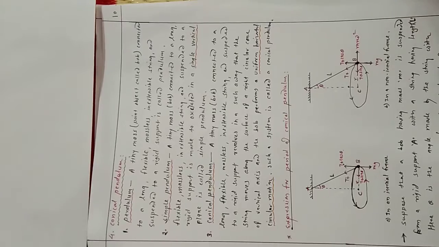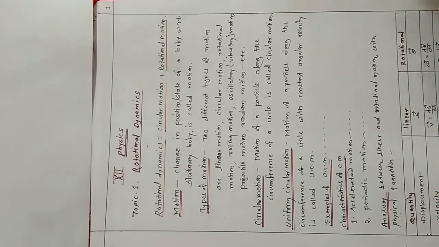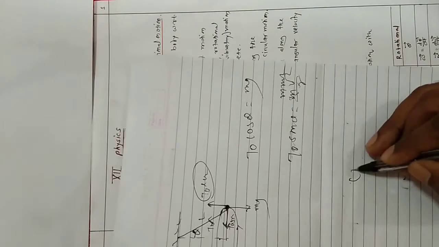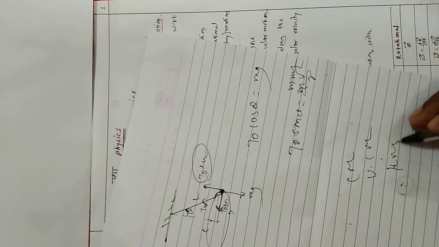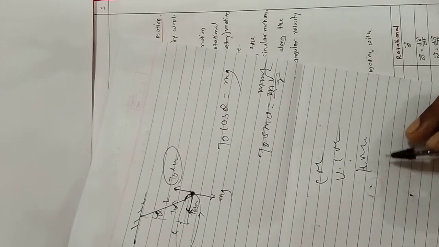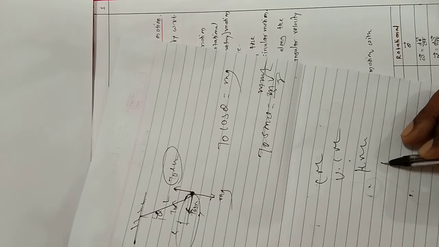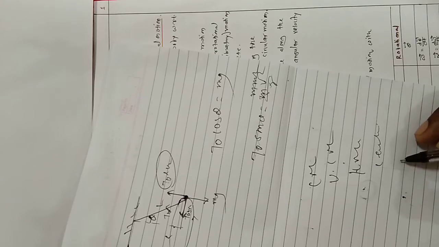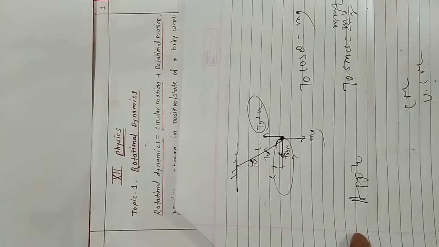So once again, look all of you, here in this topic, rotational dynamics. Firstly, we have to study the meaning of circular motion, the meaning of uniform circular motion, then kinematical equations, then the different types of forces, that is the real force and pseudo force. Most important is the centripetal force and centrifugal force, and after that the applications of uniform circular motion.